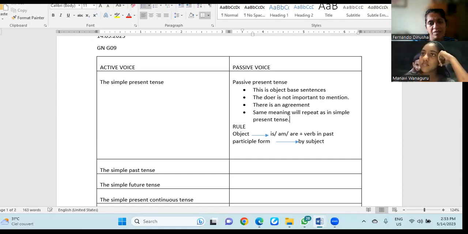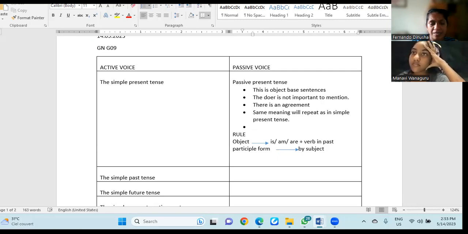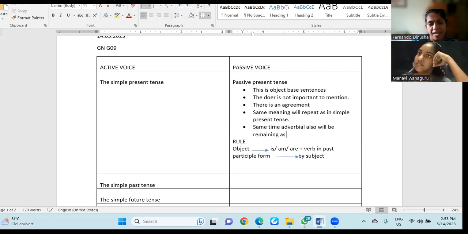Simple present tense meaning will remain here, no differences. The same time adverbials will also remain as in active simple present. Okay. Did you get it, Manavi?